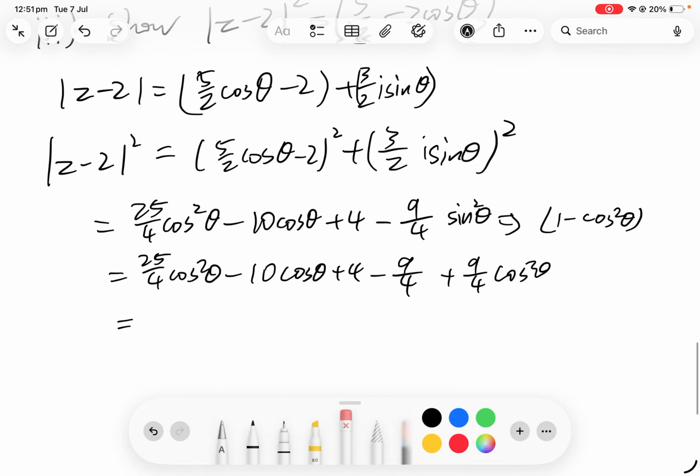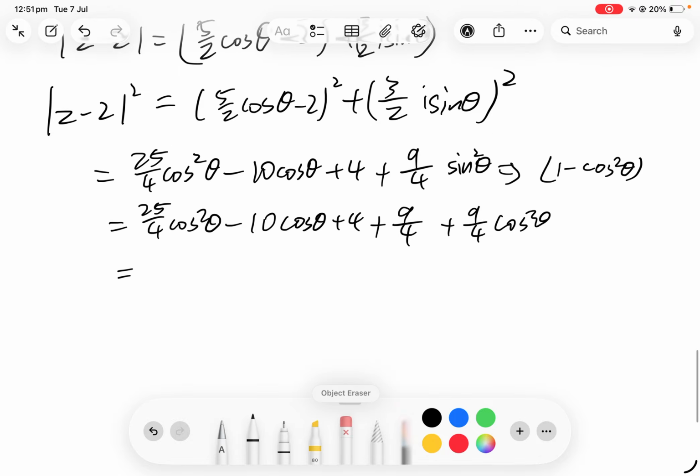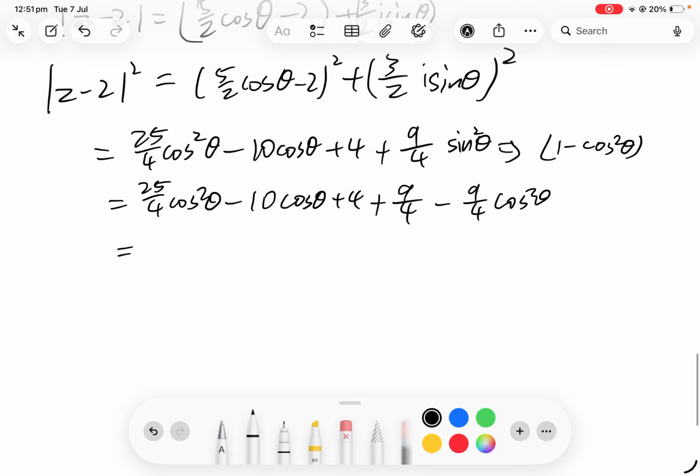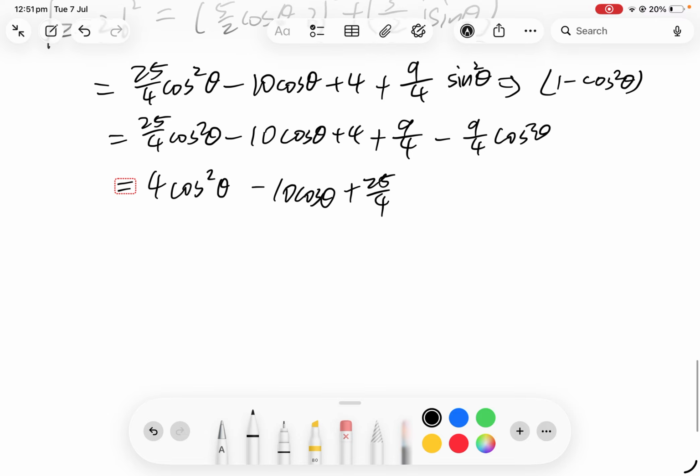Then this should be a plus. Well, if that's a plus, that's a negative, and then that just becomes 4 cos squared theta minus 10 cos theta, and that becomes 16, and 16 plus 9 is 25 over 4.